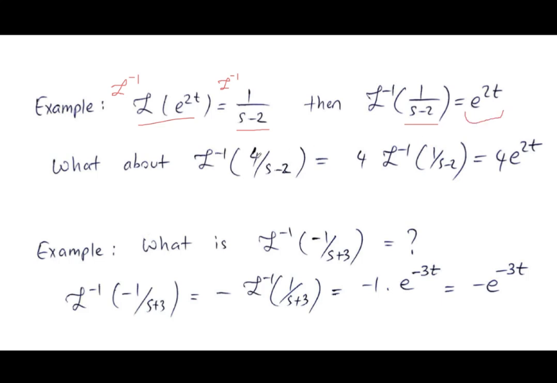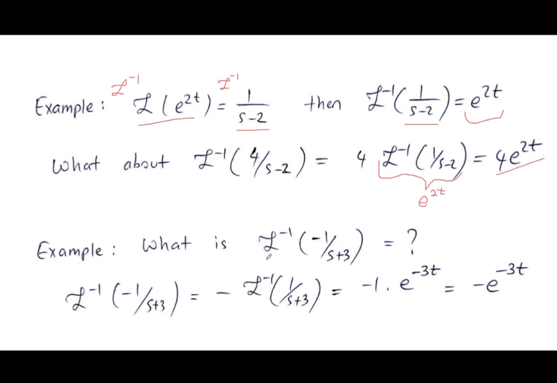Similarly, if we have a constant 4 over s minus 2, you can take out the constant and then focus on this expression. And we know that this is e to the power 2t. And just write down the result here.